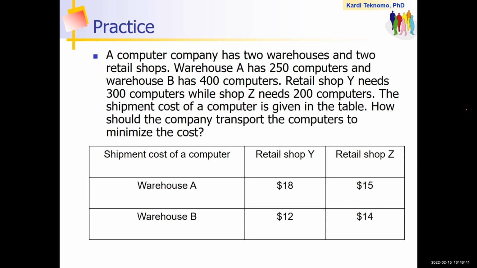The table below represents the shipment cost from A to Y and Z, and from B to Y and Z. So the question is, how many computers should the company transport to minimize the total cost?